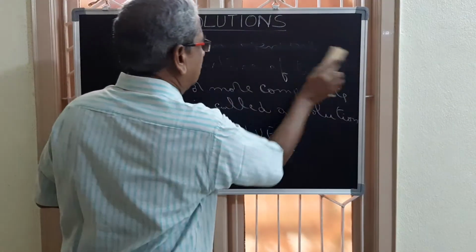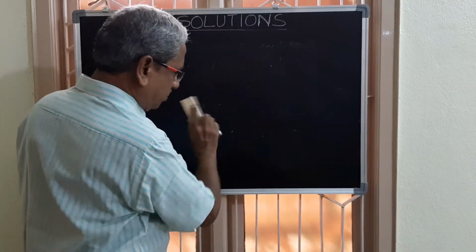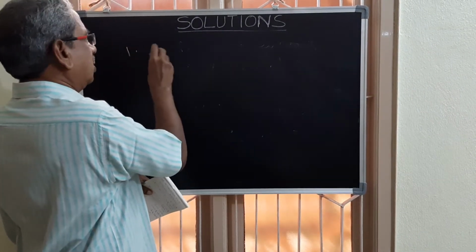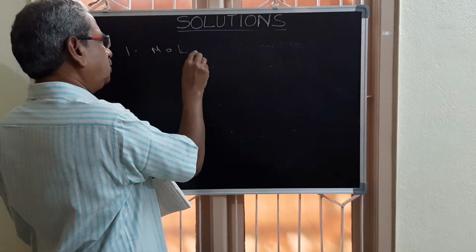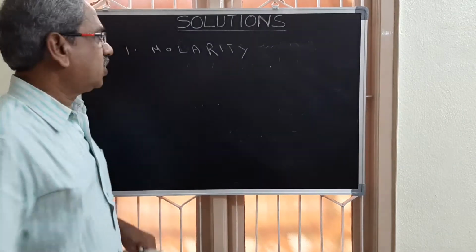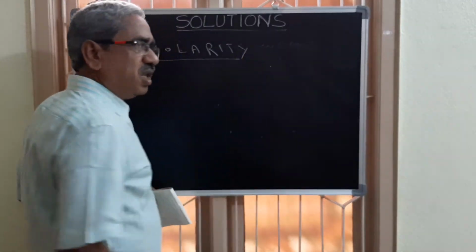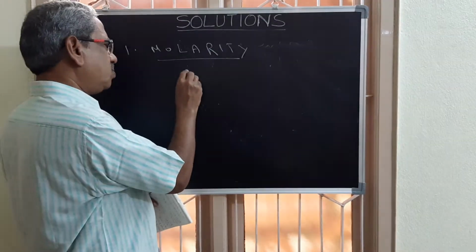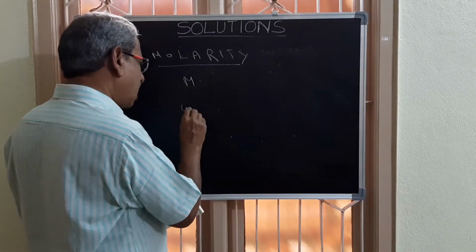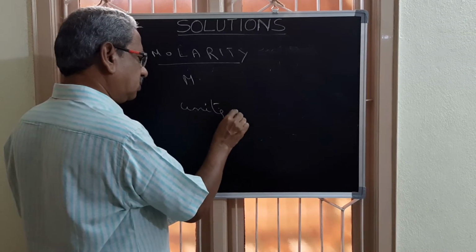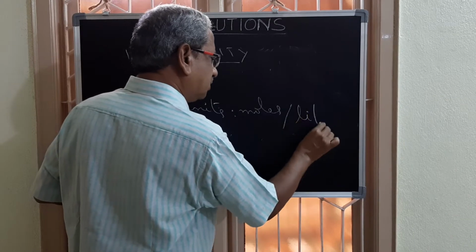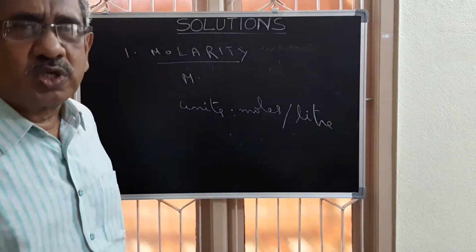The different concentration units are, number one, molarity. This molarity is represented with the letter capital M. The units are moles per liter.